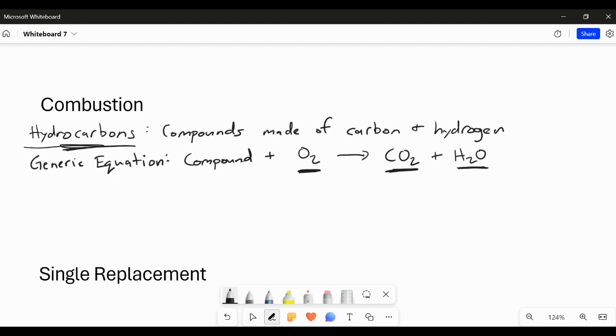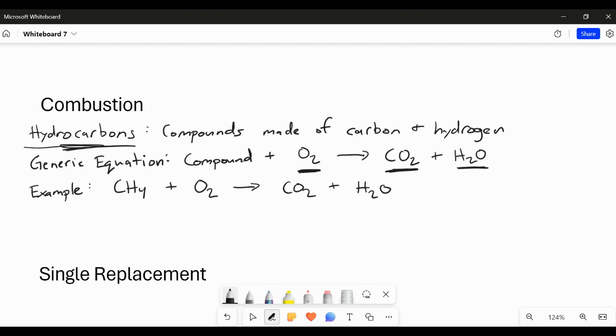So an example of this: let's do the burning of methane. Methane is CH4. Again, this is a hydrocarbon because it involves carbon and hydrogen. So methane reacts with oxygen to form carbon dioxide and water.